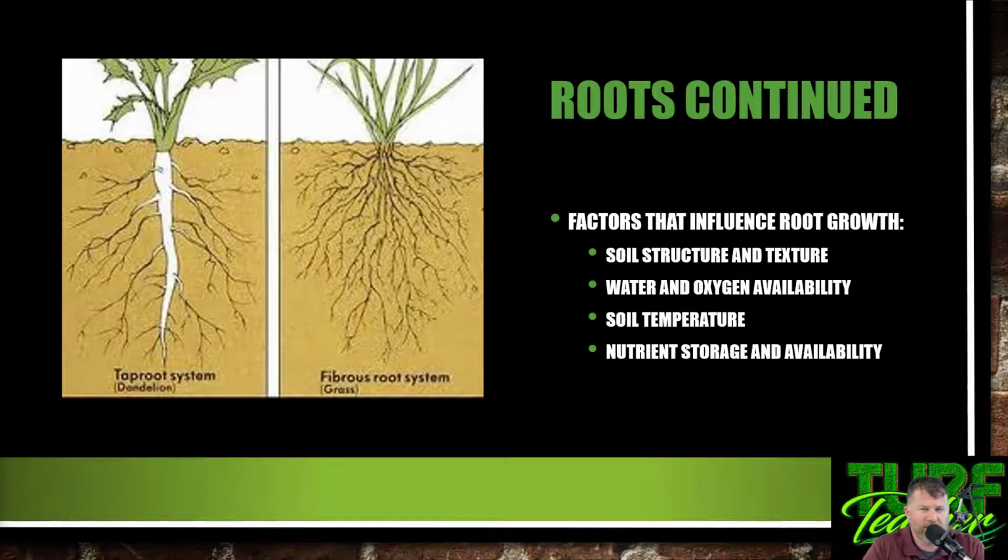When you go out and try to dig up a dandelion, they always break off, right? Because that taproot is so anchored into the soil. It's hard to pull them out. You've actually got to get a split fork or a weeding fork and dig around it and loosen up that soil if you want to get this taproot pulled out.